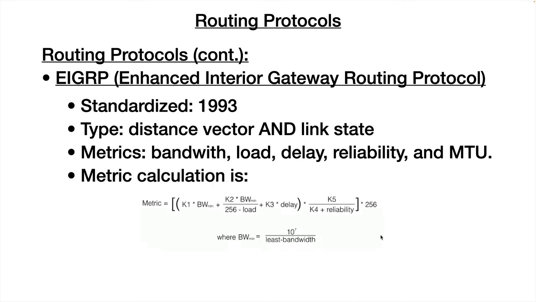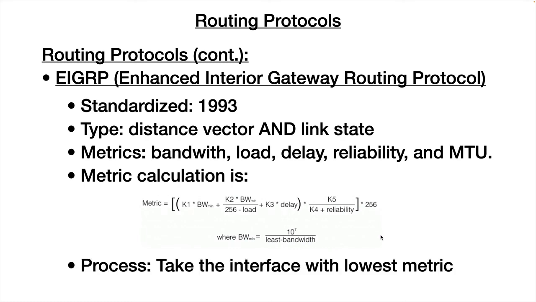There is a maximum calculation with the metrics appearing in it as variables. This is calculated for each path, and then the process is to take the interface with the lowest metric. So that was a quick discussion on routing protocols.